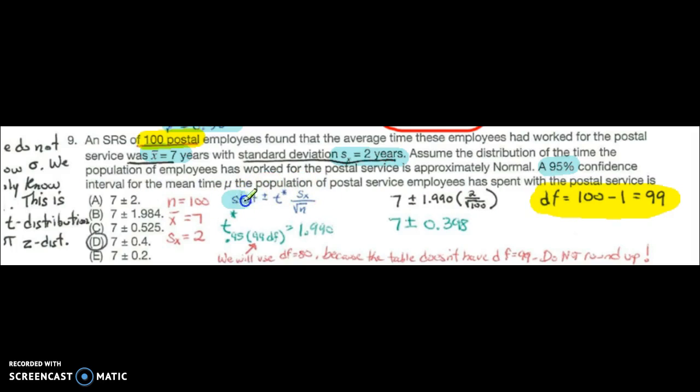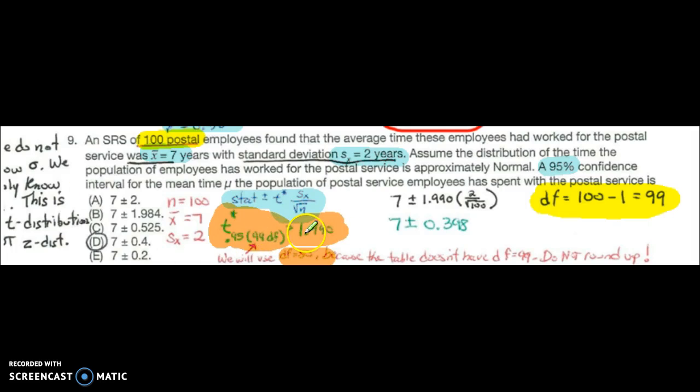So here's my formula. I'm going to take my stats, my critical value of t, times the standard deviation. So I'm going to look up t. I am looking for 99 degrees of freedom. I don't have 99 on my table, so I have to use 80, so I am going to use 1.99.